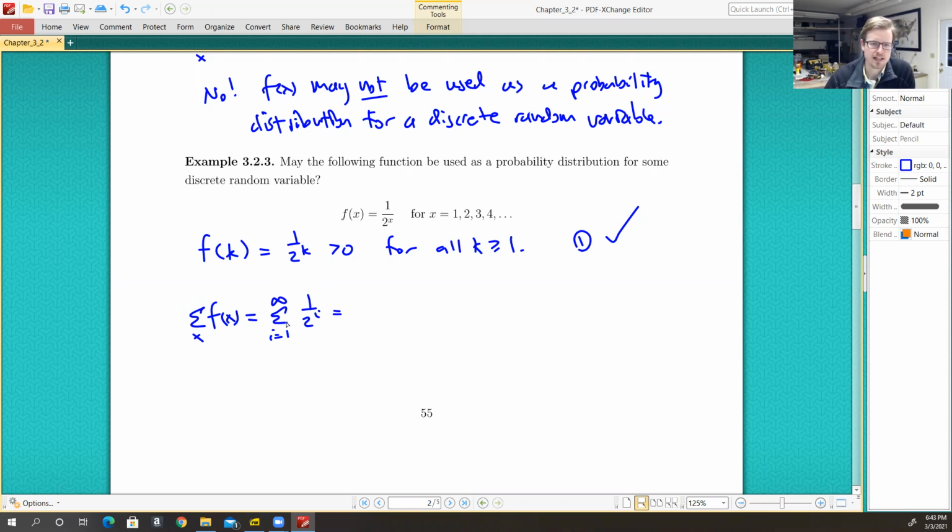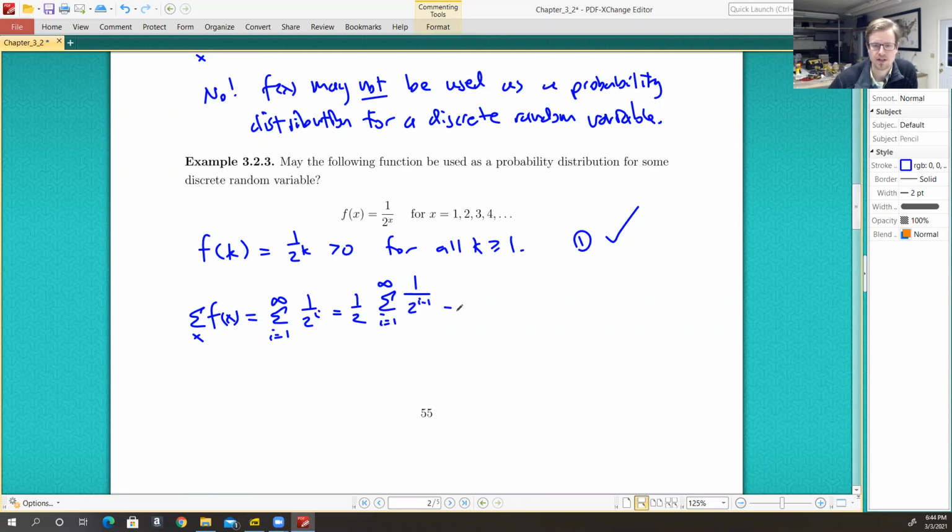So in order to get it to start at 0, I'm going to observe that I could pull out a factor of 1/2. That would give us the sum from i equals 1 to infinity of 1 over 2 to the i minus 1. But now when I start at i equals 1, that would be starting at 0. So when I plug in 1, I get 2 to the 0.